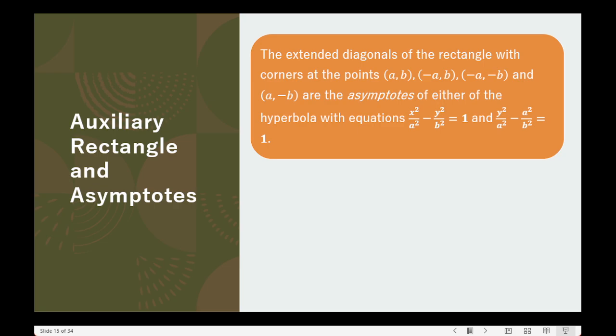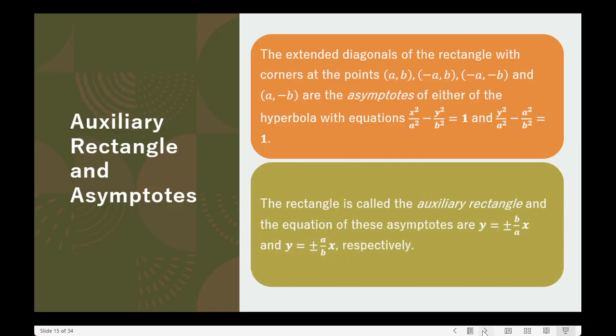This is actually x squared over b squared equals 1, so another typographical error. The rectangle is called the auxiliary rectangle, and the equations of these asymptotes are y equals positive or negative b over a x, and y equals positive or negative a over b x, respectively.